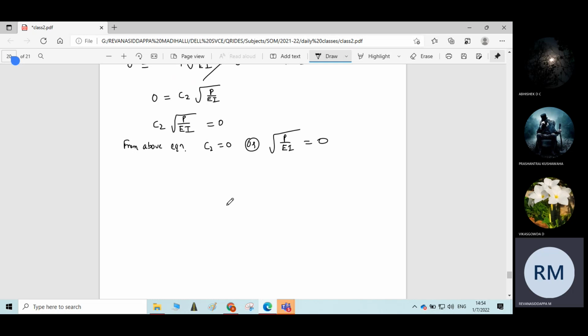Here in these two conditions we can assume c2 equal to 0 or we can assume root P by EI equal to 0. Which one should we put here? Any guess?